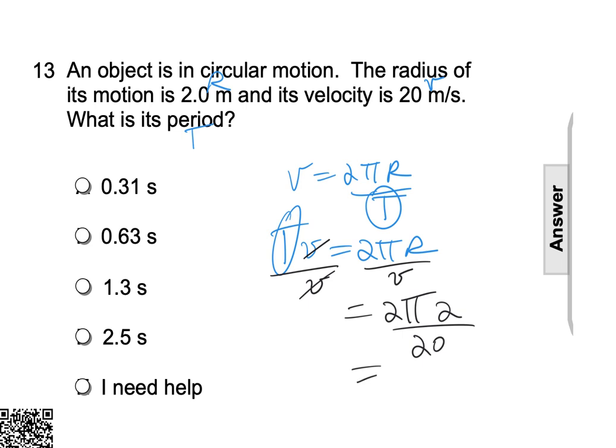So that's 4 pi over 20, it's 1/5 pi. Okay, so 3.14 divided by 5 is 0.63 meters per second. Oops, period. Units for period are seconds.